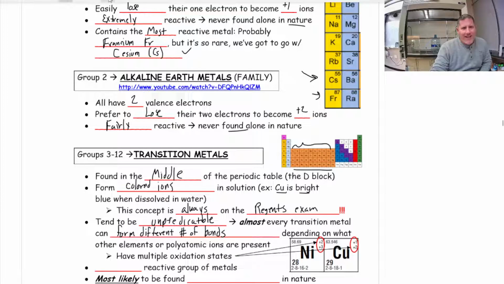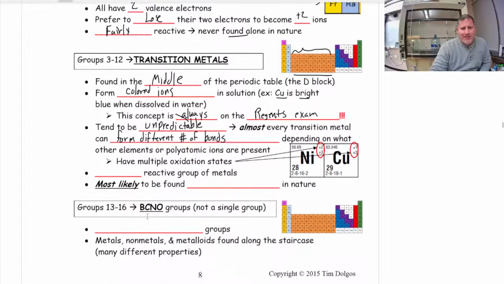So I hope that makes sense. We can't predict in transition metals, as you go through the families, we just call them transition metals. So this is unpredictable. A little bit better, at least semi-legible. All right.